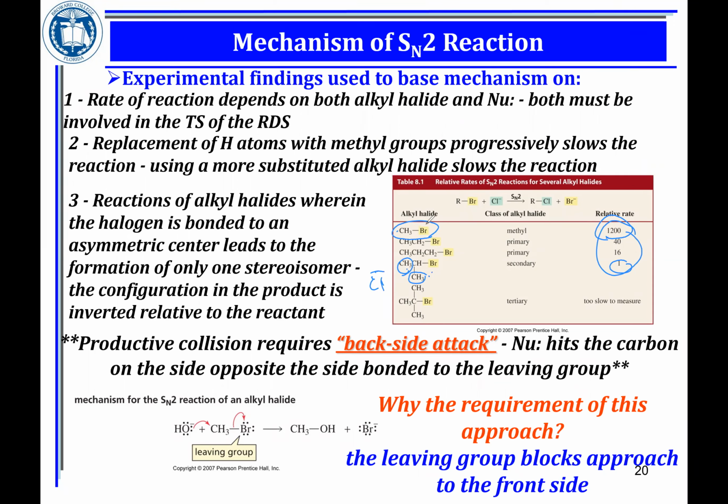But for methyl bromide, these are only hydrogens, so you don't have that steric hindrance. So it should make sense now. That significant, 1200 times more. So basically, the bulkier the groups attached, the slower the reaction.